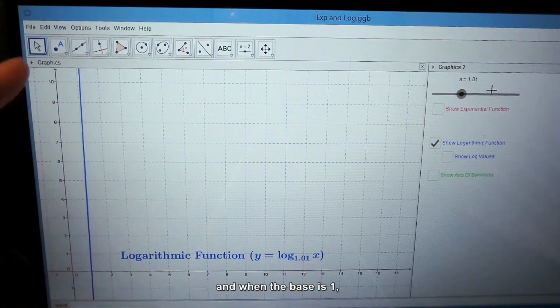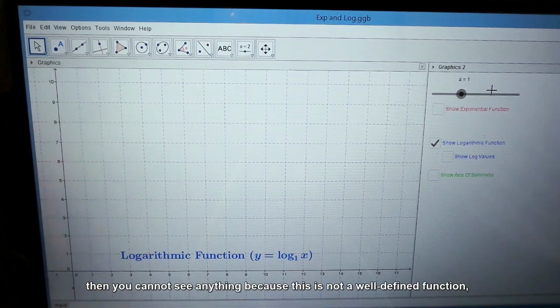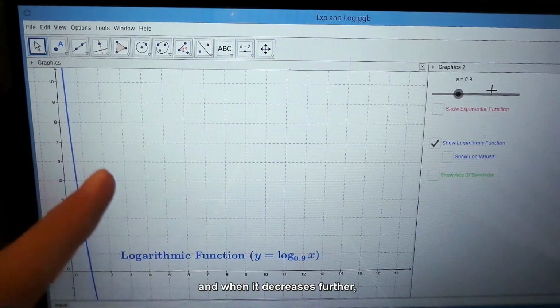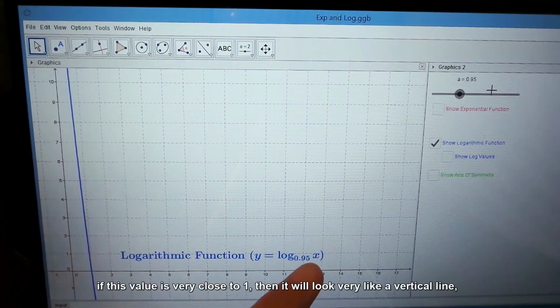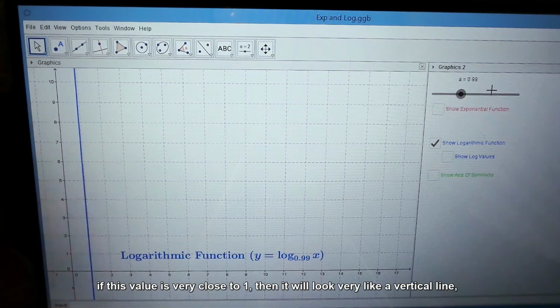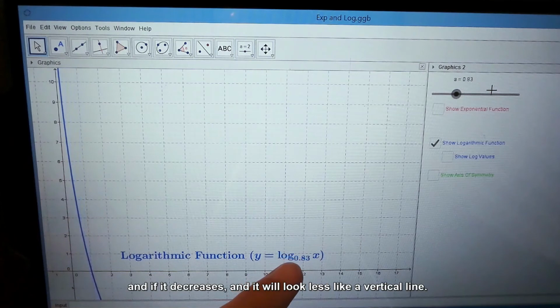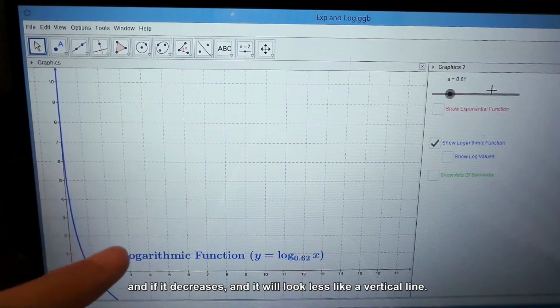And when the base is 1, then you cannot see anything because this is not a well-defined function. And when it decreases further, as you can see, if this value is very close to 1, then it will look very much like a vertical line. And if it decreases, then it will look less like a vertical line.